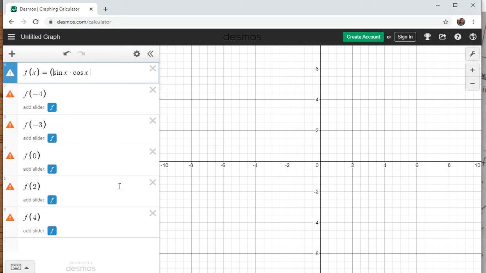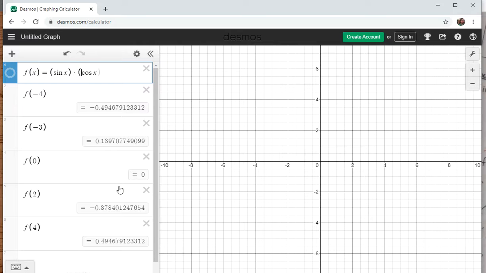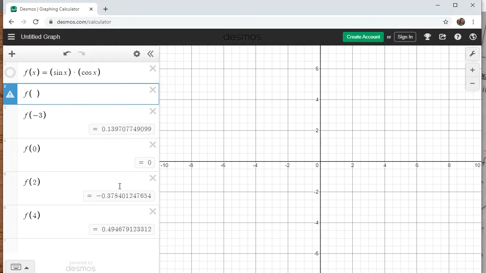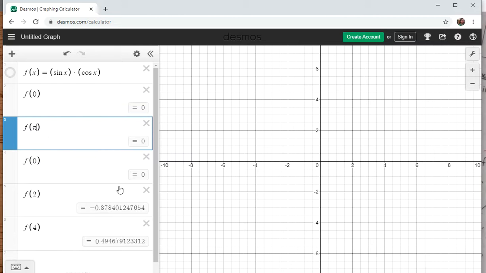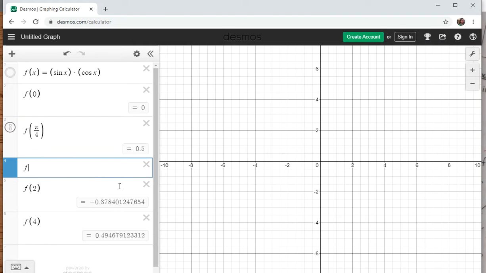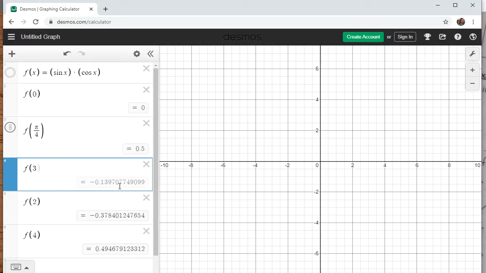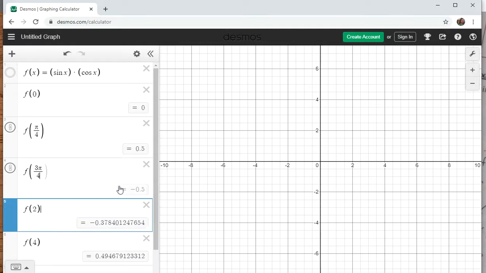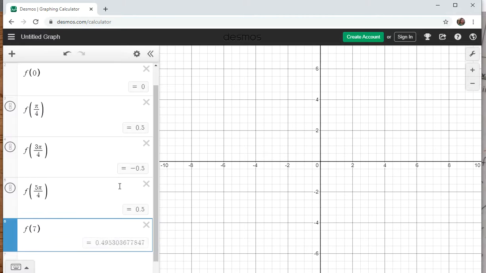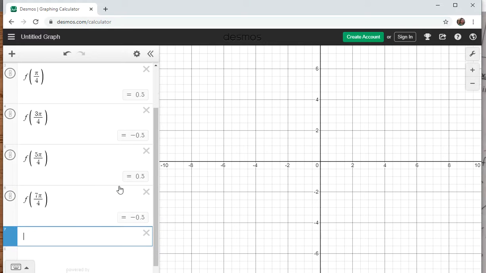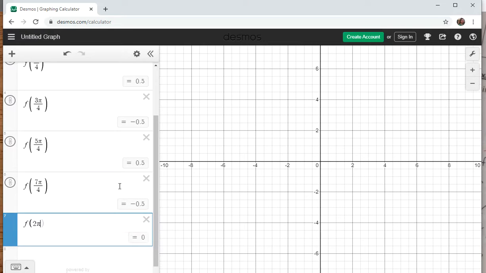Let me get that to work if the function's not working quite yet. There we go. I just didn't understand the implicit multiplication there. Okay, and I want to plug in 0. I want to plug in pi fourths, 3 pi fourths, 5 pi fourths, keep going, 7 pi fourths, and 2 pi.